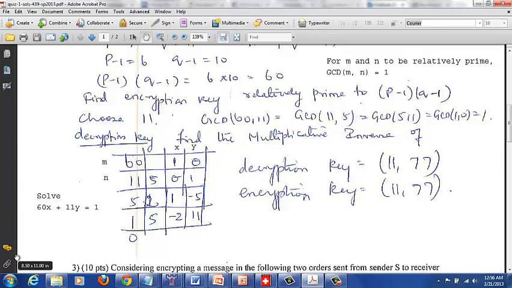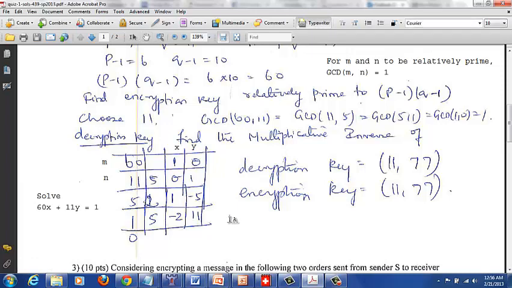The decryption key is nothing but the multiplicative inverse of the encryption key in class modulo (P minus 1) times (Q minus 1).